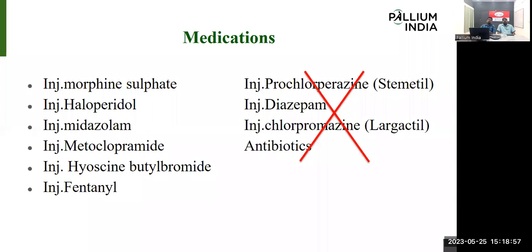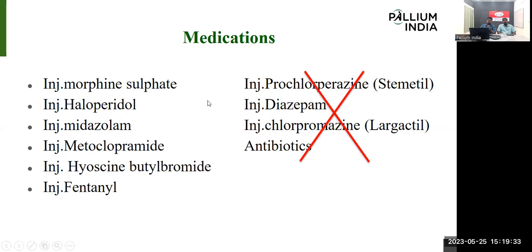So these are some of the medications we cannot give subcutaneously. These are also only examples: injection Stemetil, diazepam, chlorpromazine, antibiotics. These are some of the medications we cannot give subcutaneously. If we plan to give an infusion, normally only 0.45% to 0.9% normal saline can be given subcutaneously as an infusion.